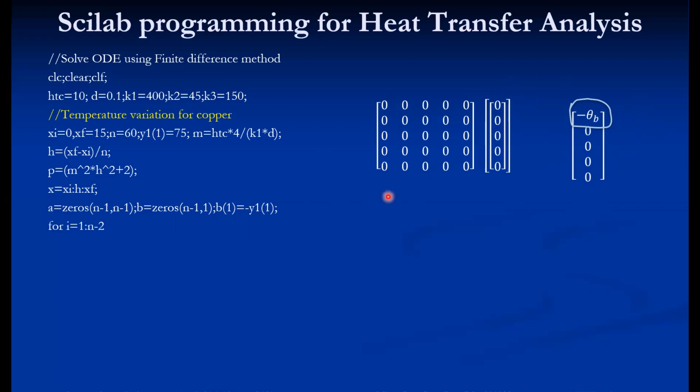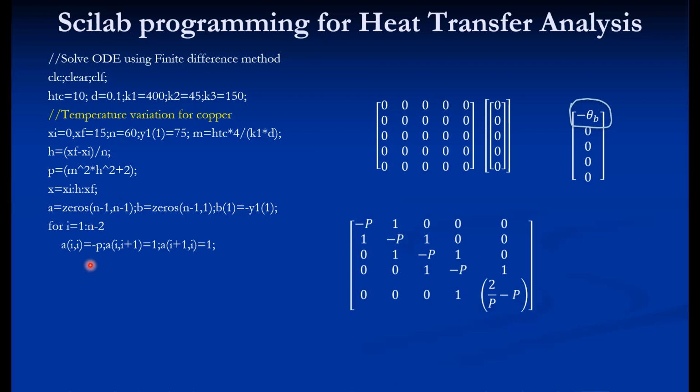That coefficient is for i is equal to 1 to n minus 2, that is 1 to 4, so a 4 by 4 matrix. So for A of i comma i, again it is a 4 by 4 matrix.